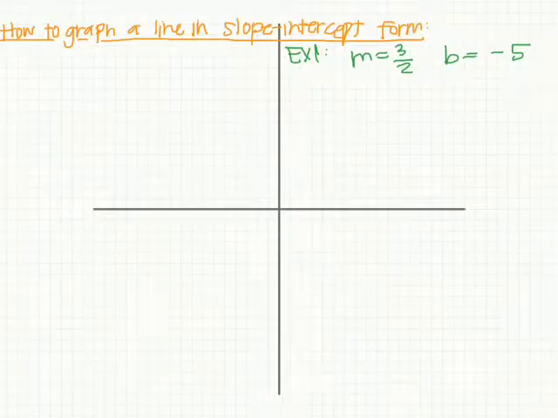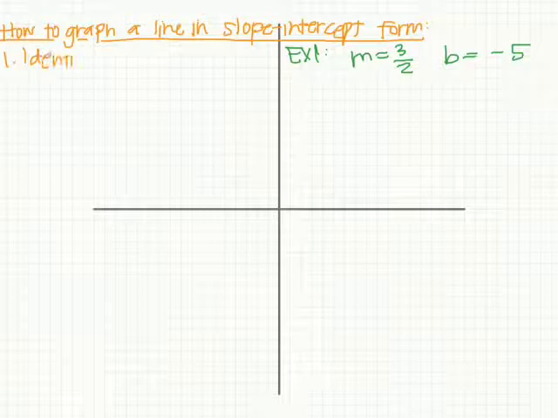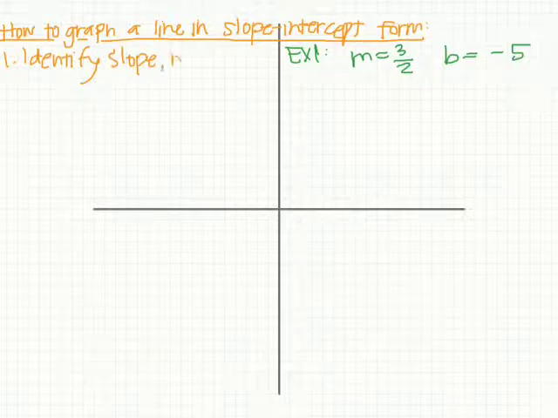So for our first example, we have a slope of 3 over 2, or 3/2, and we have a y-intercept of -5. Your first step to graphing a line in slope-intercept form is to identify the slope. We know that the slope is represented with the value of m.